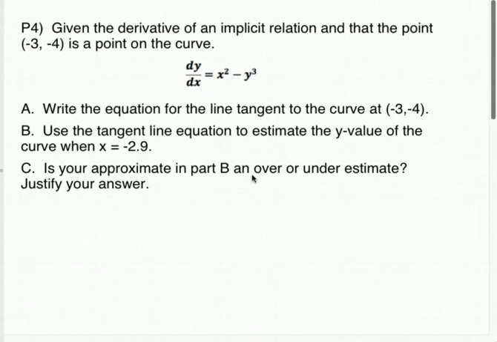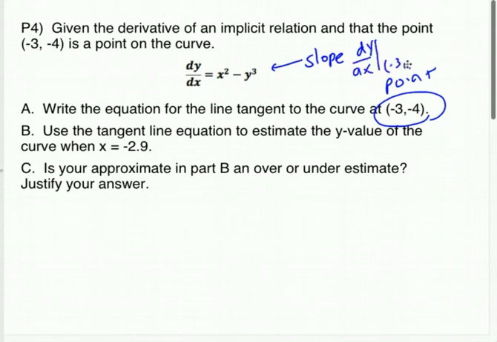Okay. All right, so very last problem of the last section of this unit, P4, given the derivative of an implicit relation and that the point -3, -4 is on that curve, write an equation for the tangent line to the curve at -3, -4. So here's your point, right? There's your point, right? For part A, we know that we can find our slope by evaluating dy dx at the given point, -3, -4.